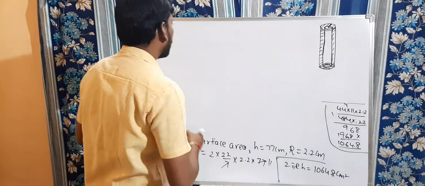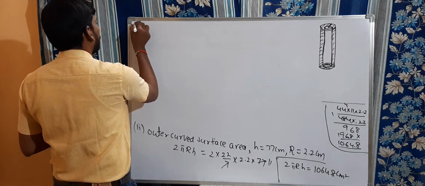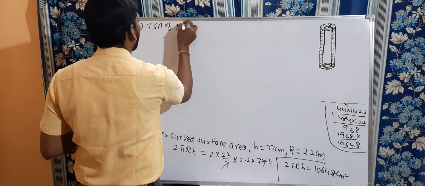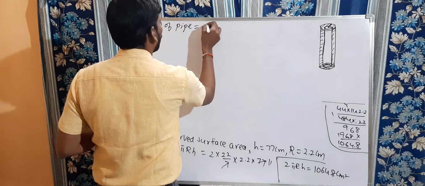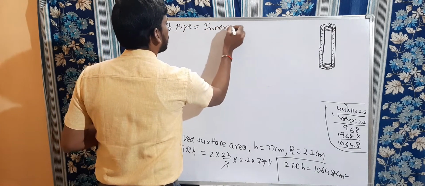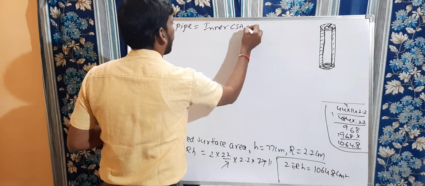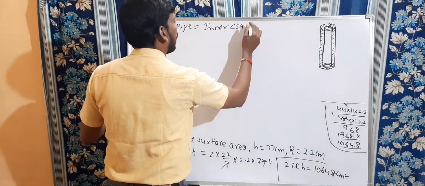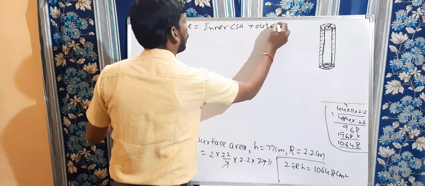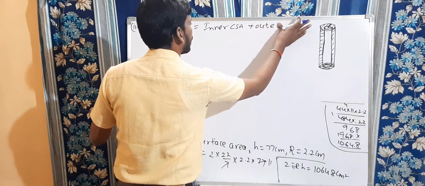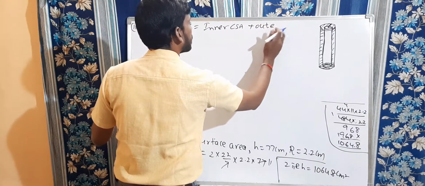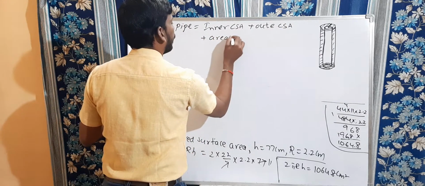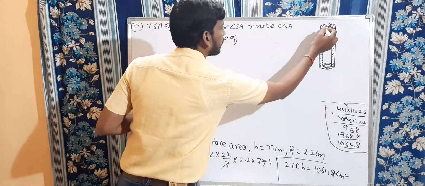Third part we are going to find: the TSA of the pipe is equal to inner CSA, or inner curved surface area, plus outer CSA, plus the area of this cross section.